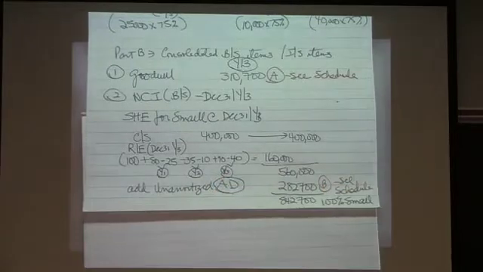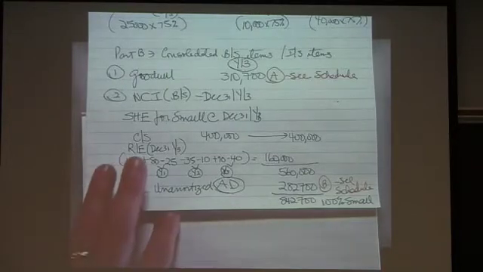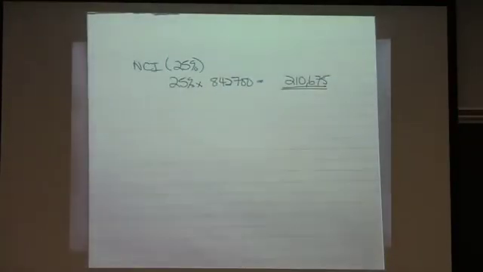If you did it that way, much longer way, you're going to get to the same answer, but why bother doing that when you can do this one a little bit easier? So this is what I recommend that you do.